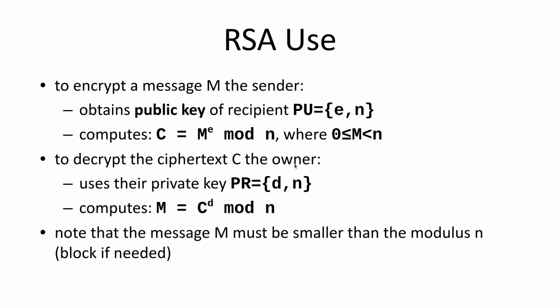When the recipient gets the cipher, he simply takes his decryption key, that is the private key, does C raised to D mod N, and computes the original message. Remember this rule: for the ciphertext and M to work, because we are doing mod N, M must be smaller than the modulus N.